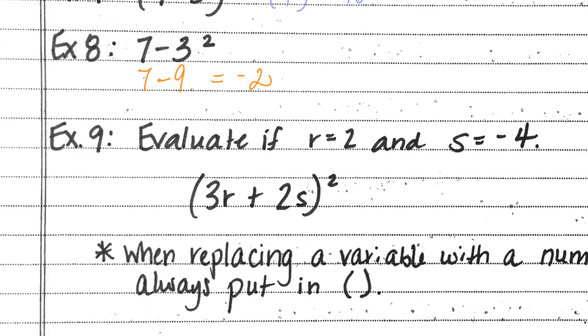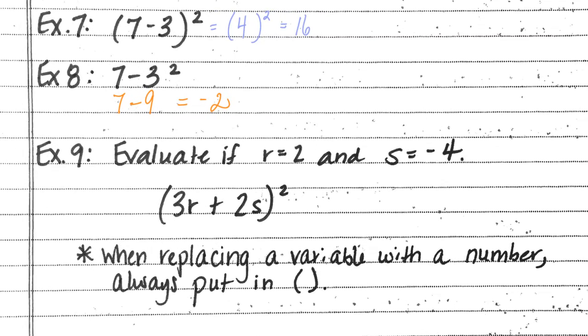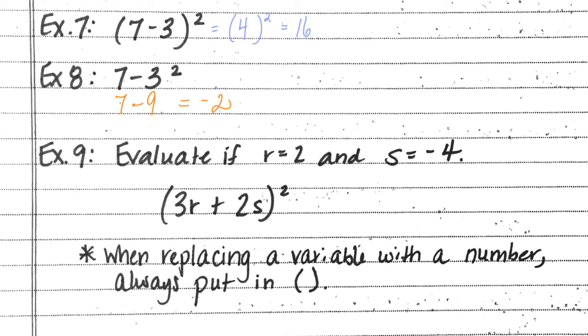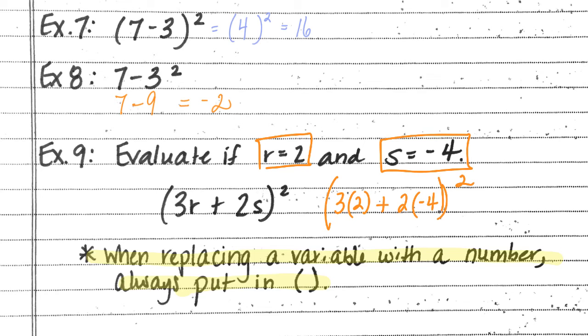All right, so just a reminder that anytime we replace a variable with a number, we do want to always, always, always put it in parentheses. So I'm going to rewrite this one, r equals 2, s equals negative 4. 3 times 2 plus 2 times negative 4, and we're going to square all that. 3 times 2 is 6. 2 times negative 4 is negative 8.